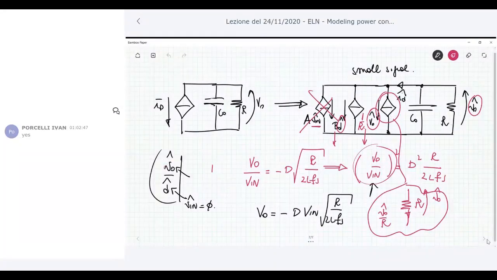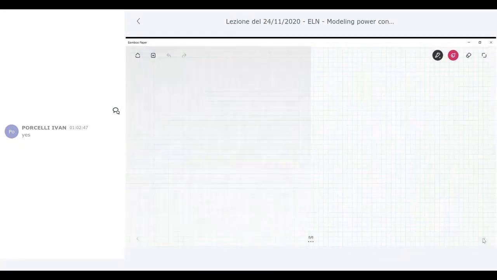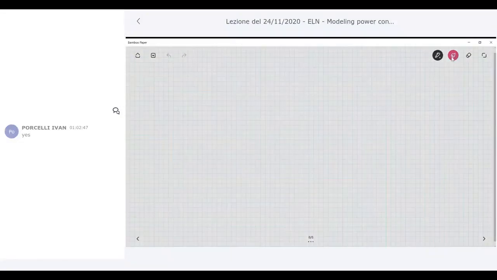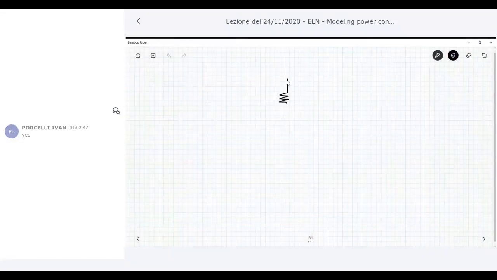Okay, this is R, and so we have 2R in parallel. So I can collapse the two resistances into 1. One of these resistances comes out from the coefficient C, the other one is the load.